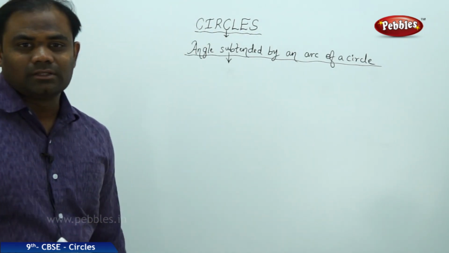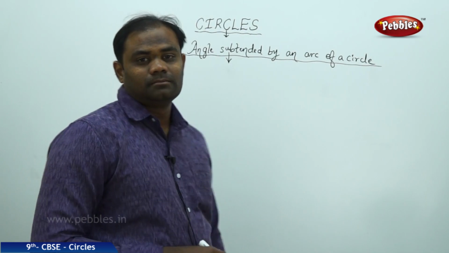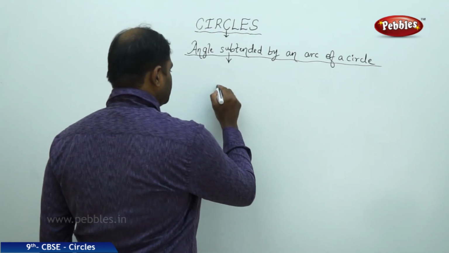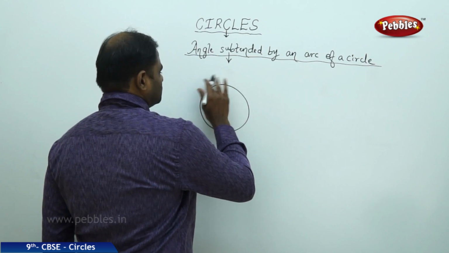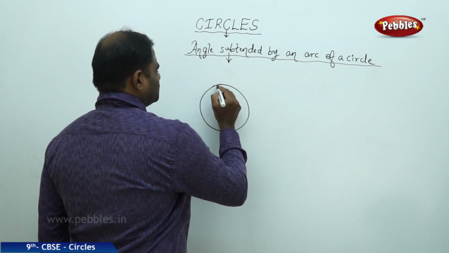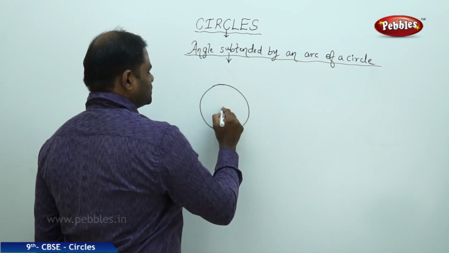Let's take a circle to understand the angle subtended by its arc. So here I have a circle, and then I have a center.